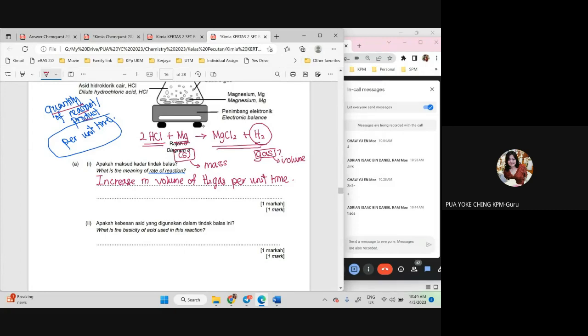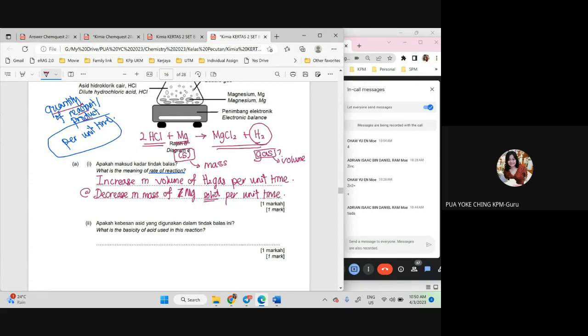Sebab aqueous you cannot pecahkan. So, this question we can also accept decrease in mass of magnesium. Solid. Kalau tak tulis solid pun tak boleh, tak ada masalah. Per unit time.